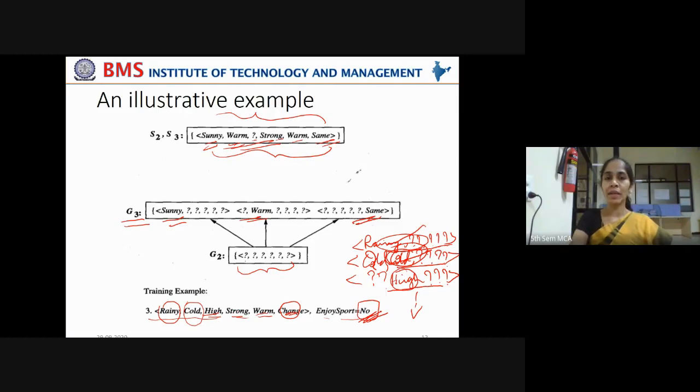Strong is also covered by the specific hypothesis. So what are the 3 hypotheses left for you? Sunny, warm, and same, which are not covered by the training examples so far. These are taken here: sunny, warm, and same, with all other attributes as generalized attributes. This will be your general boundary set now.